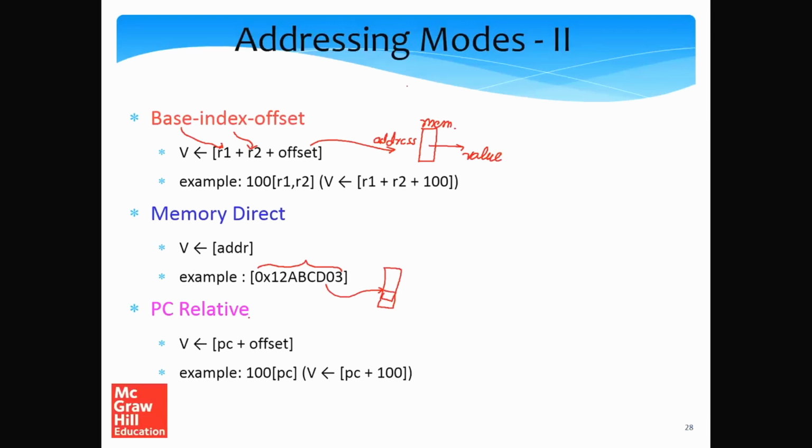Lastly, let's take a look at a certain variant of the register indirect addressing mode, which is actually very useful. It's called the PC relative addressing mode, where instead of using a general purpose data register, we use the program counter. We treat the program counter as a register. So we take the contents of the program counter, add an offset to it to get an address, and we use the sum to access instruction memory.